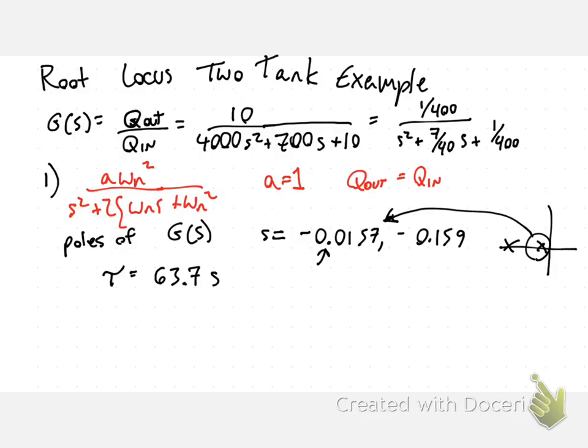And that would give us a tau of 63.7 seconds, so it'll take roughly 3 minutes for our system to reach steady state. So in fluids that might be seen as enough, we're going to say that that's a fairly slow response.